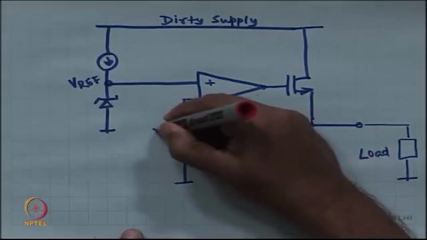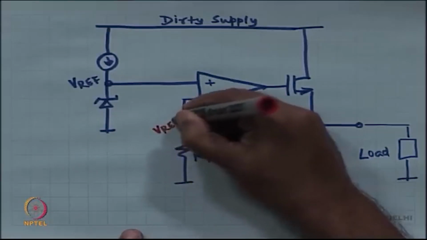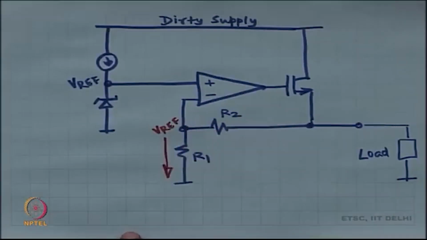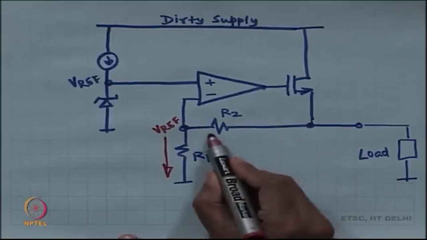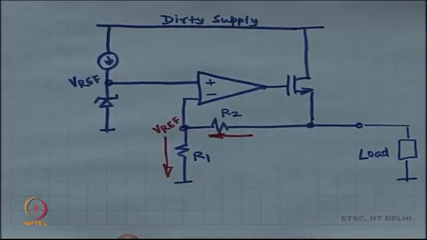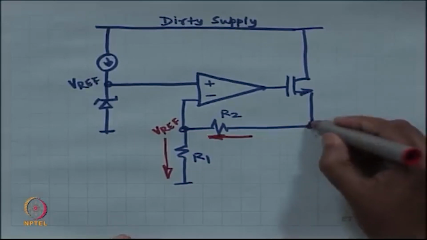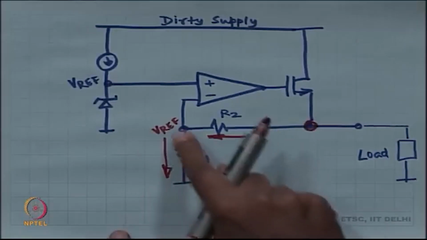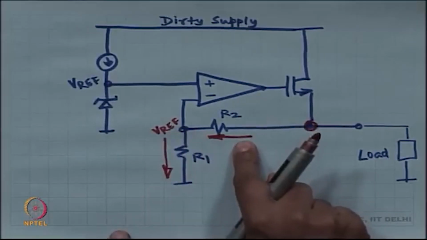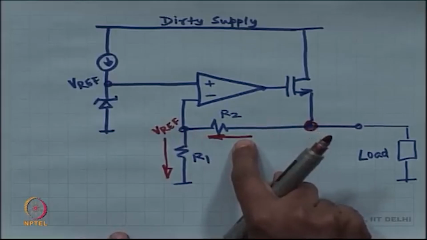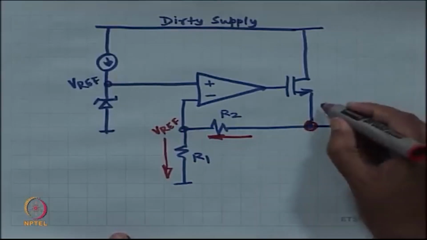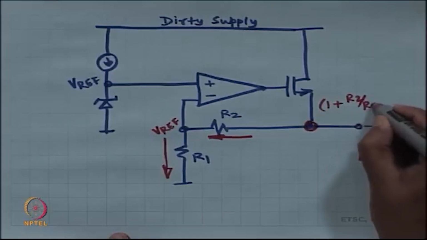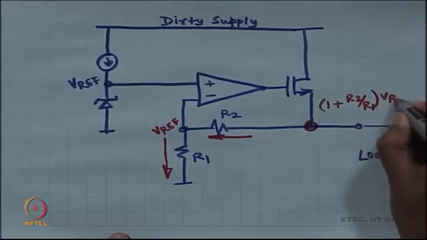So, this is equal to Vref, which means that this current is Vref by R1. Where is this current coming from? It is coming through this, which means that the output voltage is Vref plus Vref by R1 times R2, which happens to be 1 plus R2 by R1 times Vref.